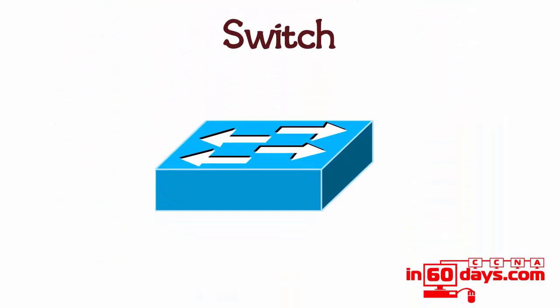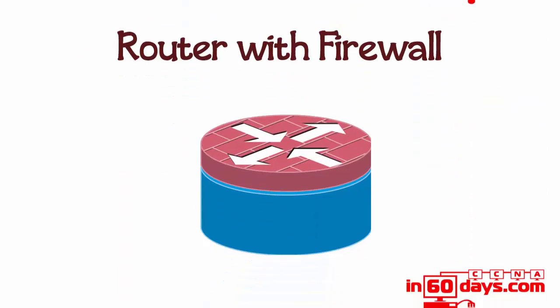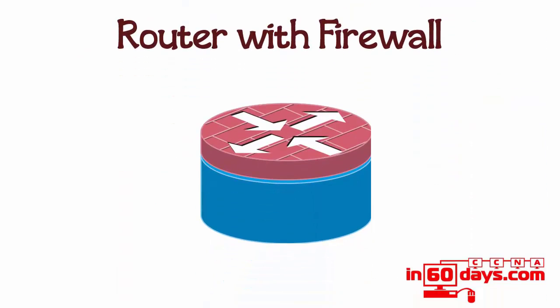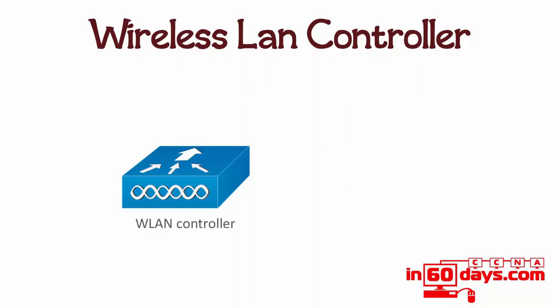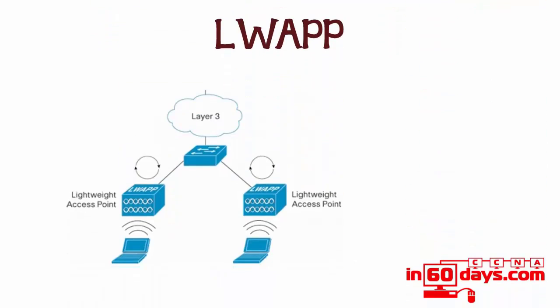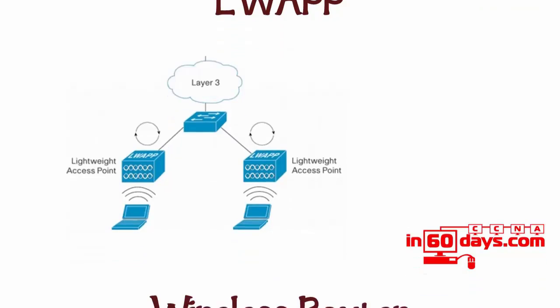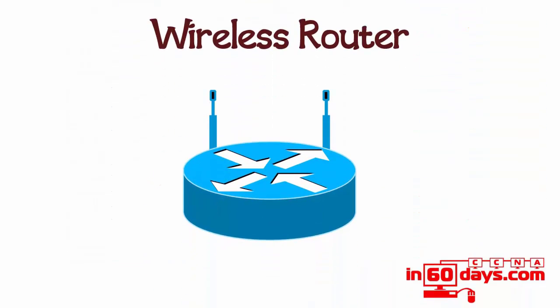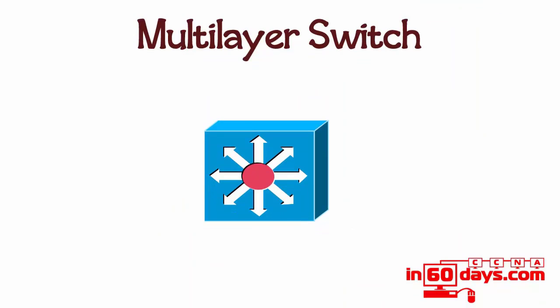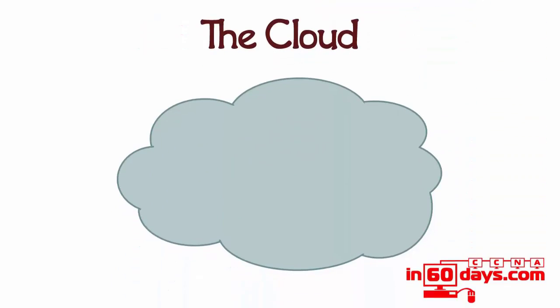The icon for a router, a layer 2 switch, router with a firewall module, wireless LAN controller, which we've already seen, your lightweight access point, which we saw earlier also, wireless router, a multi-layer switch, or a switch that can do layer 2 or layer 3, so it can route traffic as well as switch layer 2 traffic.